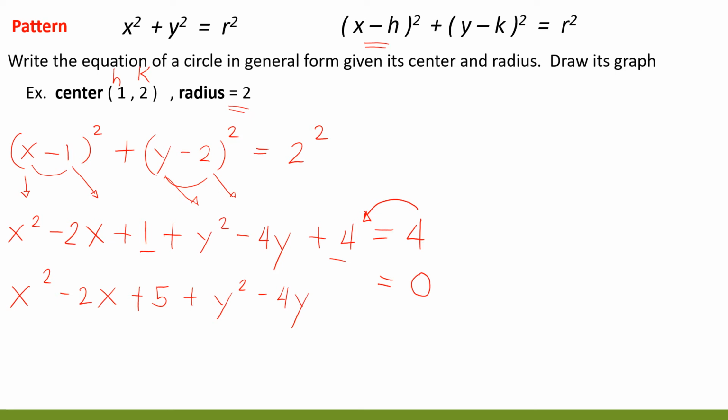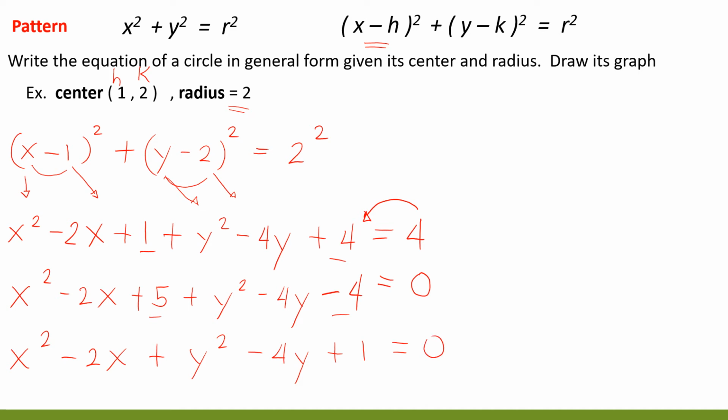Since we transposed the 4, it will become what? Negative 4. And still, we can combine the 5 minus 4. So, continue working. X squared minus 2x plus y squared minus 4y. And 5 minus 4 is positive 1 equals 0.